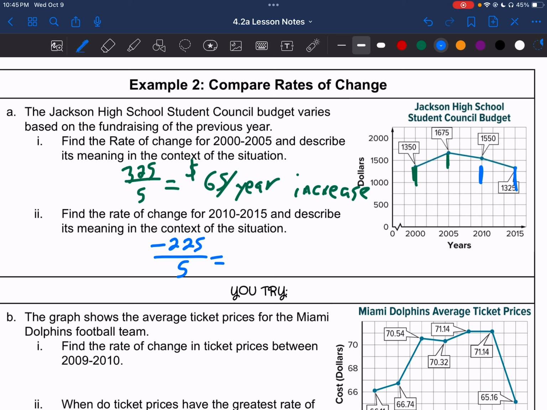And so when we divide that out by 5, we're going to get a $45 per year decrease. And why could we be seeing a decrease in this time period? Well, we've talked about it before. 2008 was the start of the Great Recession, the financial crisis, so people may be less likely to spend money at student council fundraising events than they did prior.